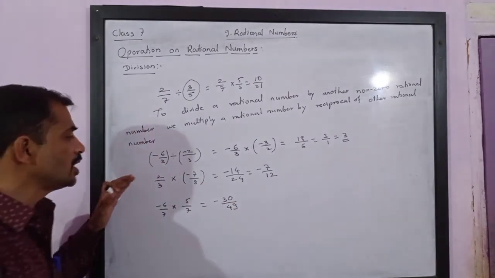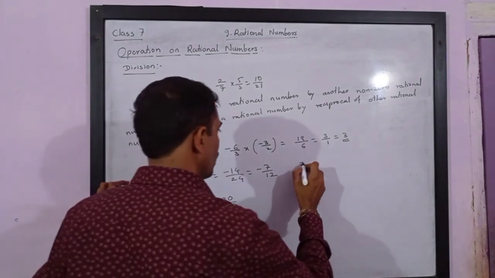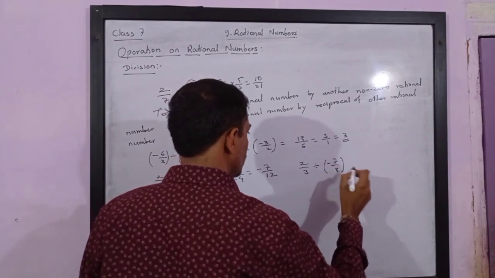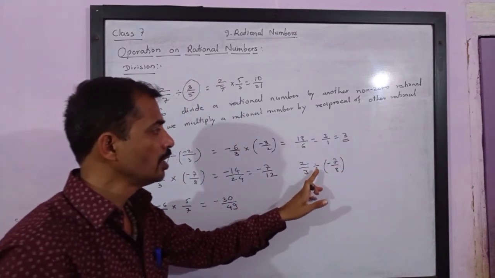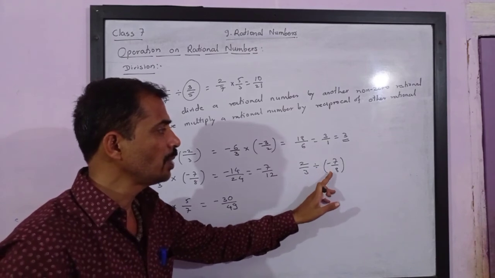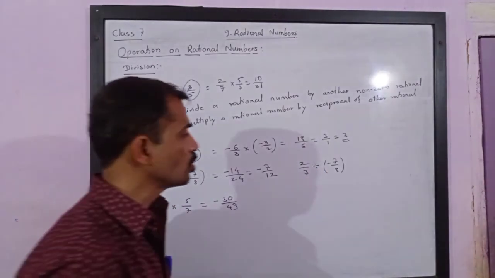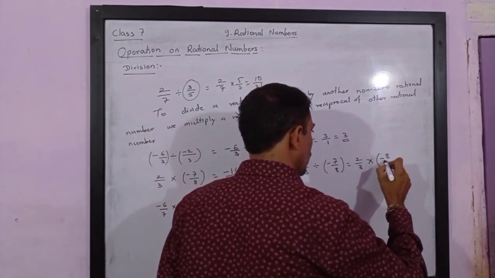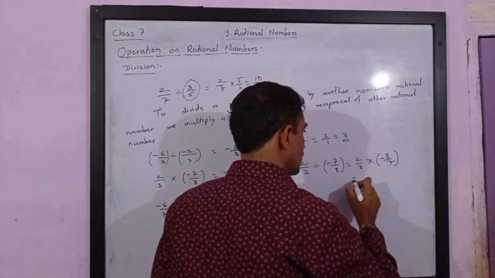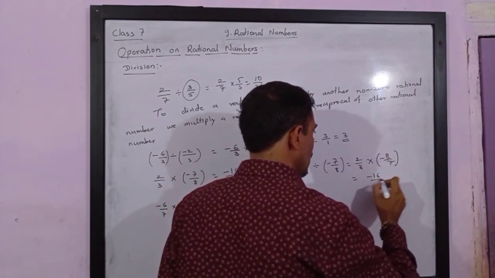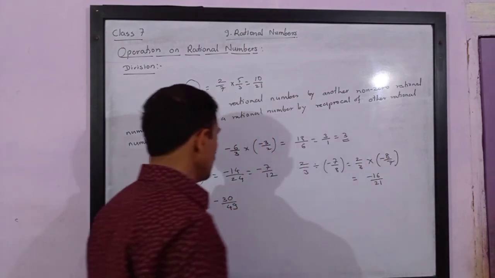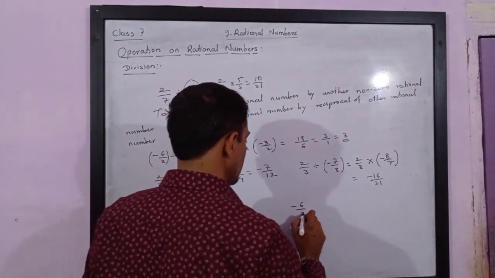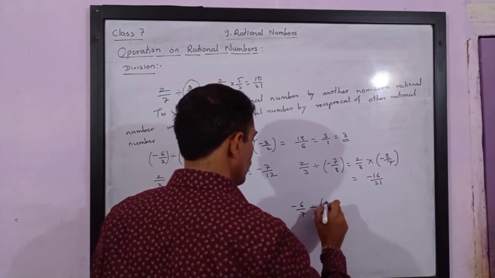If the same operation is done of division, so 2 upon 3 divided by negative 7 upon 8 will be equal to, please note, while doing division, we have to multiply by the reciprocal of the second fraction. So this is equal to 2 upon 3 multiplied by negative 8 upon 7. So answer is 8 2s are 16, negative sign, 7 3s are 21. And the next fraction, I will take the same fraction, negative 6 upon 7 divided by 5 upon 7.